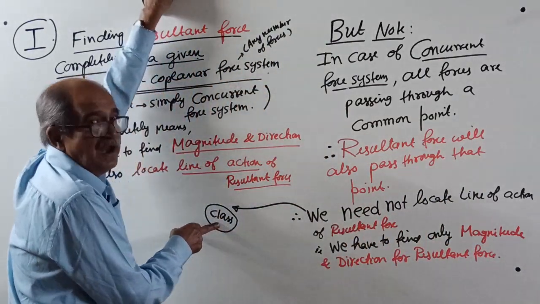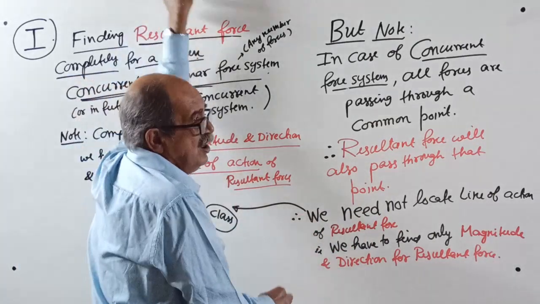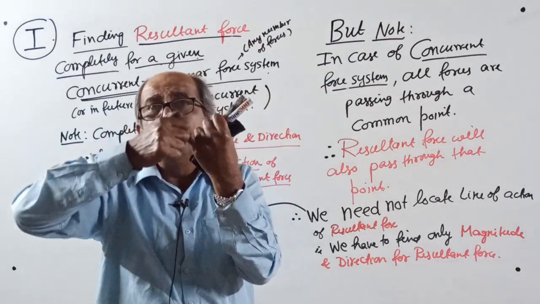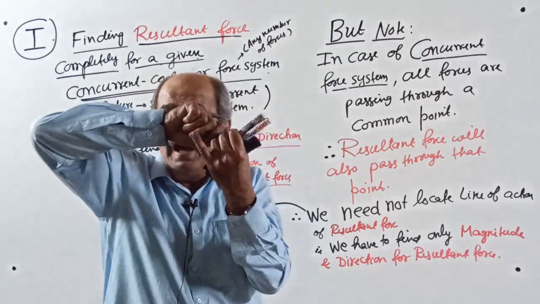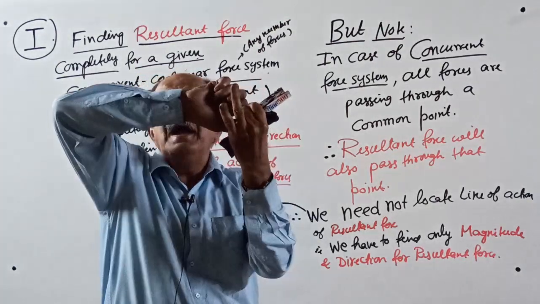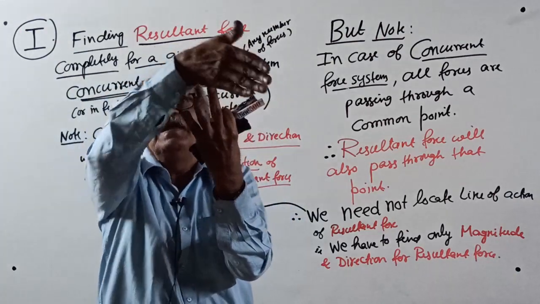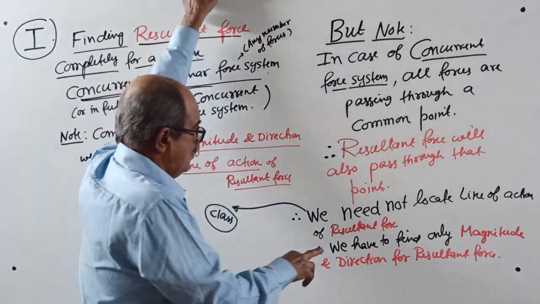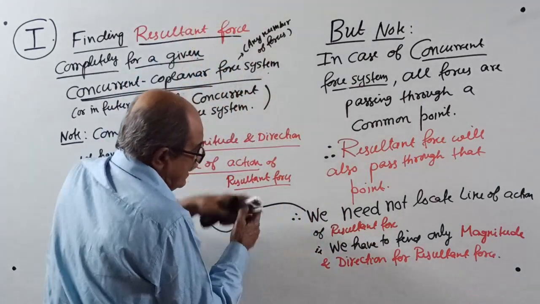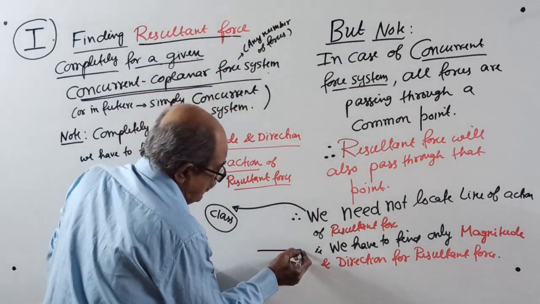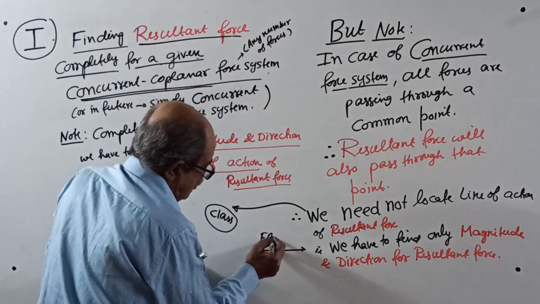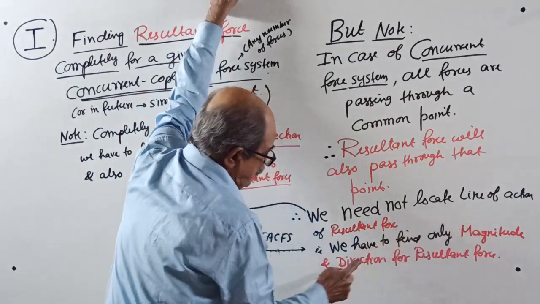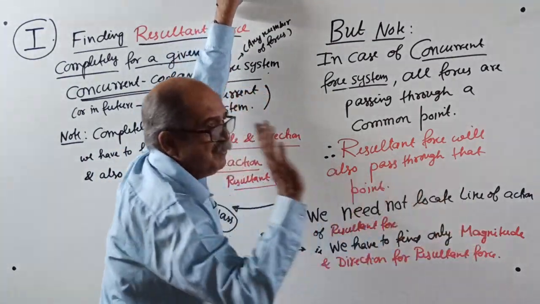For a concurrent force system, you write here: we have to find only magnitude and direction for the resultant force.